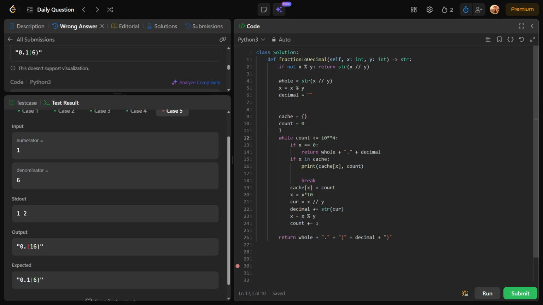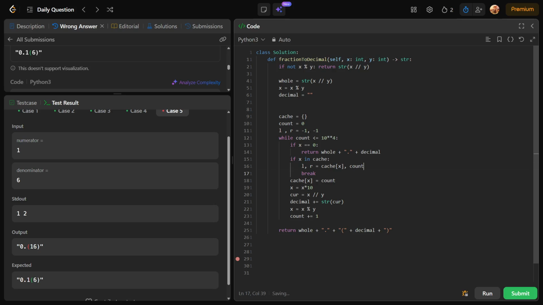So left comma right initially is equal to -1. And then L comma R is equal to cache of x comma current count.